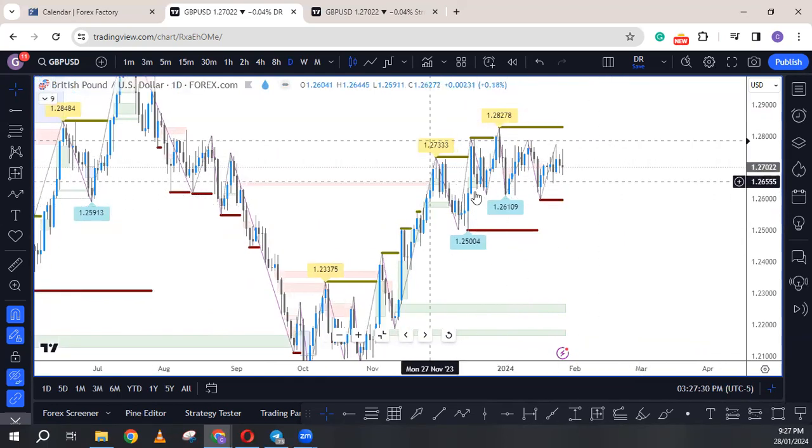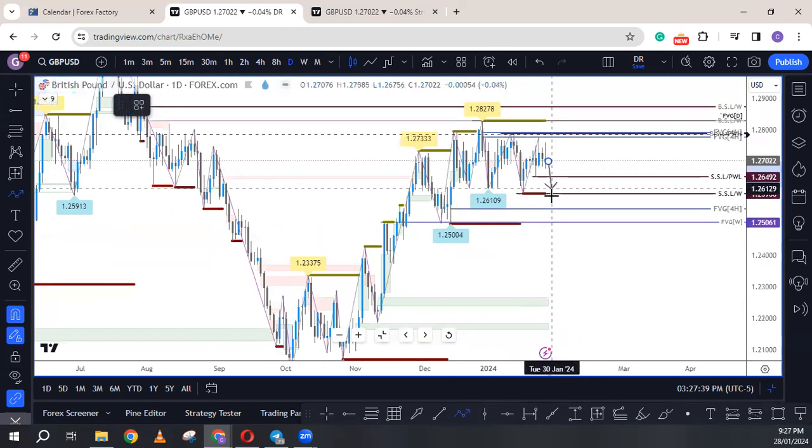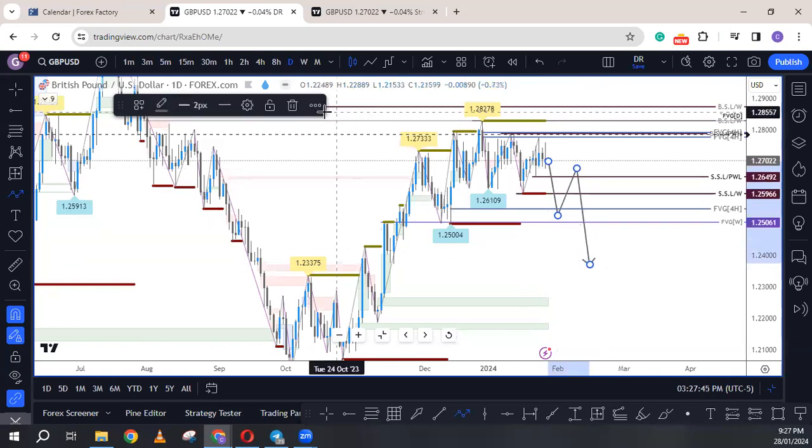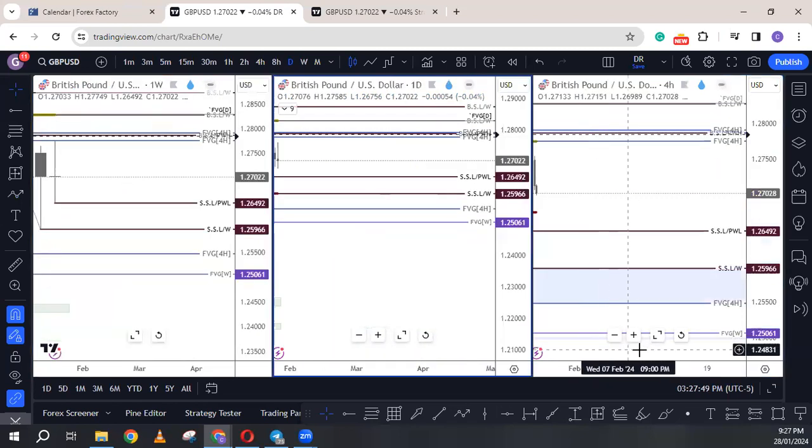So what would tell us that this might continue to the downside is a move below 1.2596. What do I mean? If you have something like this, a full body close below this point, then you wait for a retracement and they move lower. But for this pair, it's in a range. So you just have to be careful.